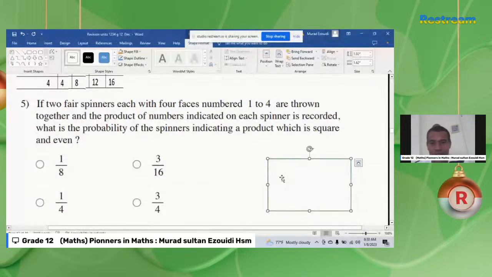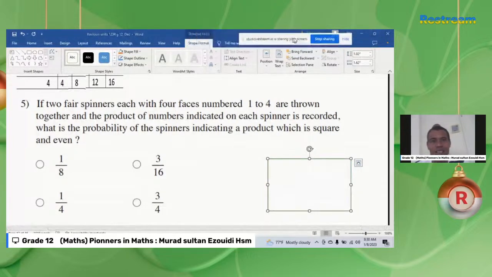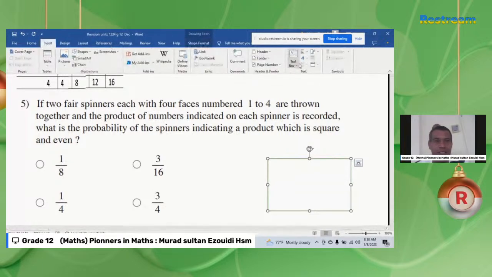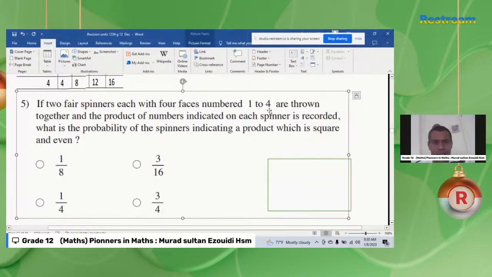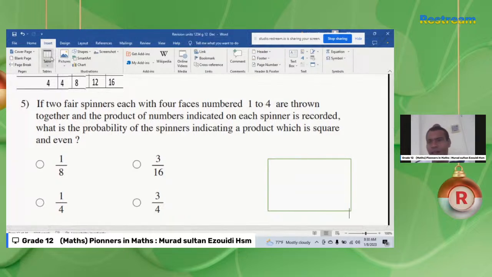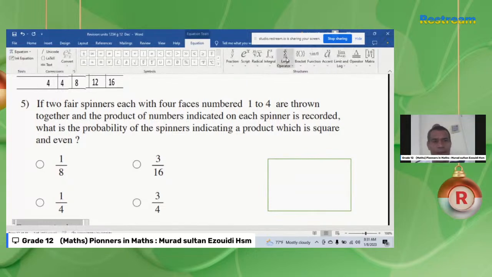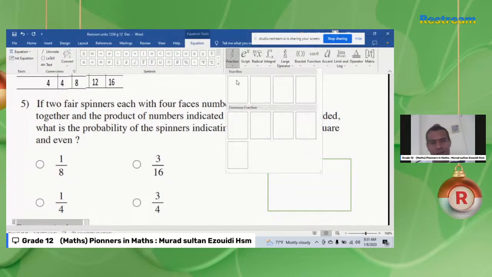Okay, now learners, I will just insert some material tools or symbols. Okay, insert. I'm looking for equation or symbols. Okay, insert equation. Yes, it's coming here. So therefore, this is the fraction.